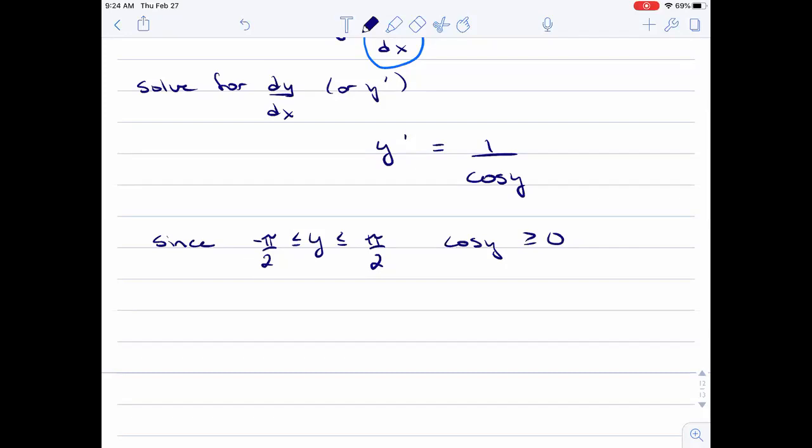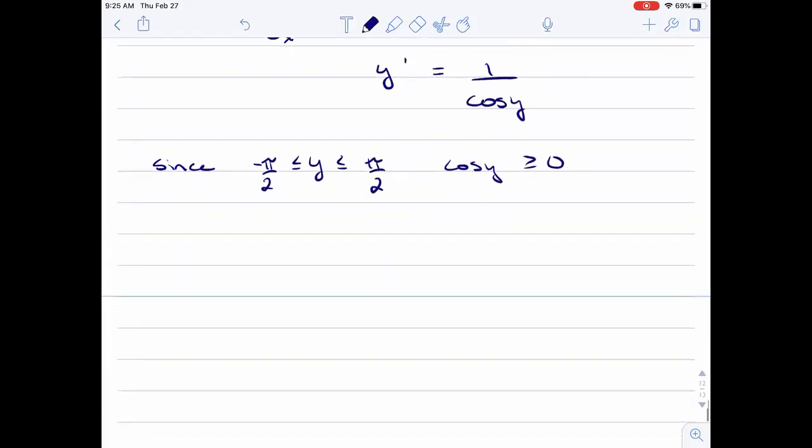Y prime won't equal 0 just because the only way for it to equal 0 is if the numerator is 0, but you can't divide by 0. So wouldn't that make cos y not equal to 0 then? Yeah, we have to force it so that cos y can't be 0. So shouldn't it just be greater than 0? Yeah, but between negative pi over 2 and pi over 2, it'll just always be positive, but it can also be 0. And I'm pretty sure it's at pi over 2. Let me just make sure here. Pi over 2 is at 0.